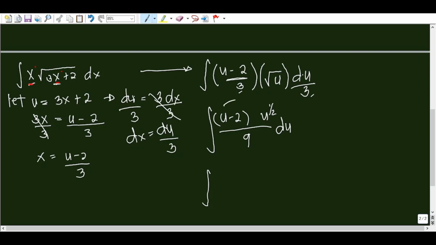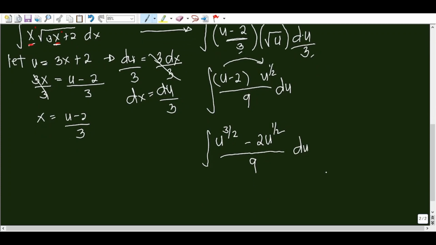So, again, i-distribute natin siya dito. So, that is u times u raised to 1/2. 1 plus 1/2, that is u times 3 over 2 minus 2 times u raised to 1/2. Do not forget, meron po tayong denominator na 9 du.